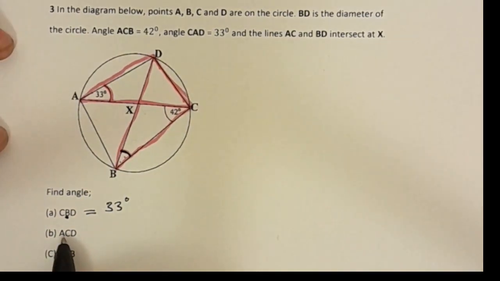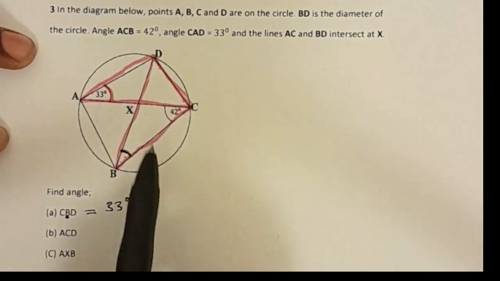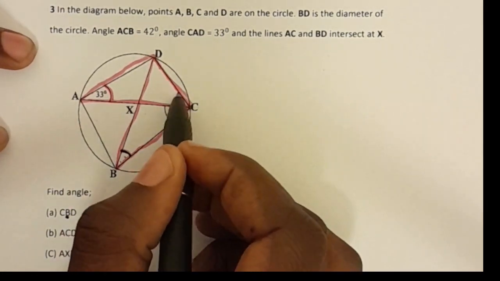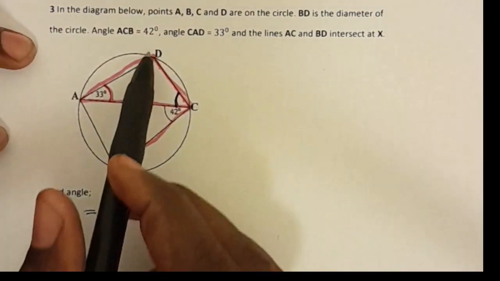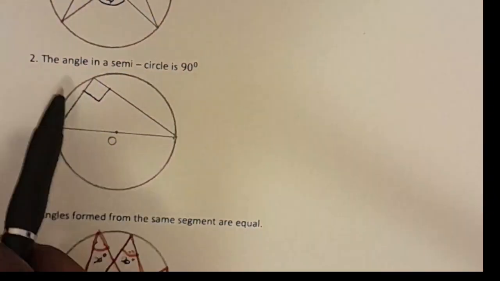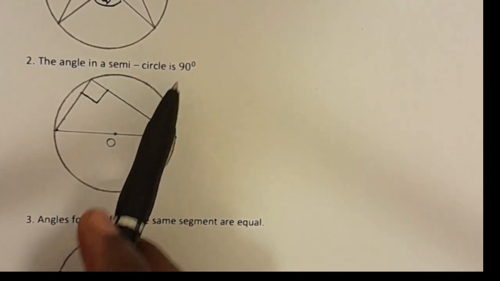The next one, they want us to find angle ACD. The angle they are looking for is this one here. But remember, they said this is a diameter. So what property are we going to use? We'll use the property that says the angle in a semicircle is 90 degrees.